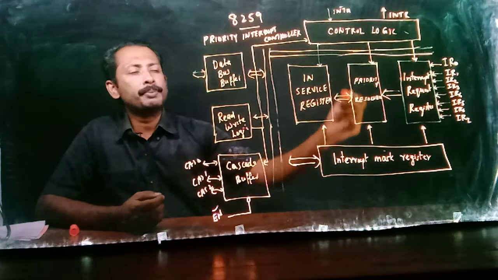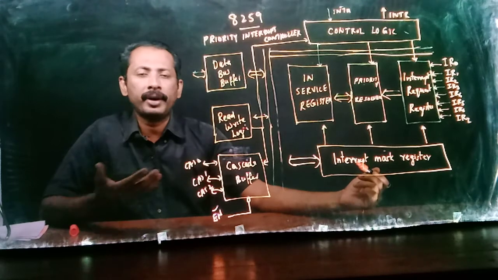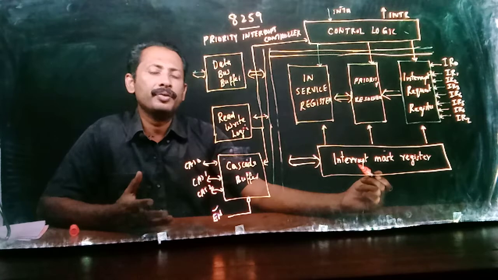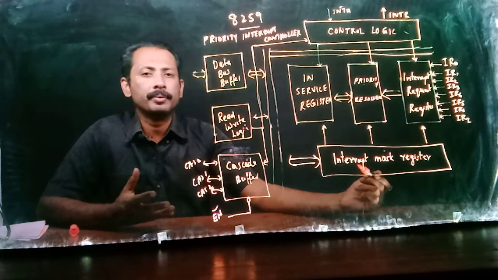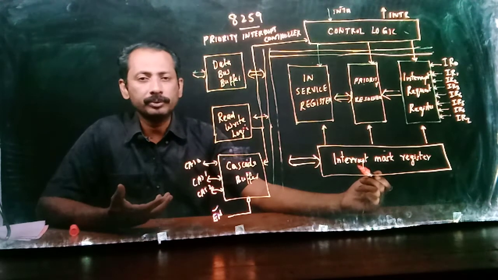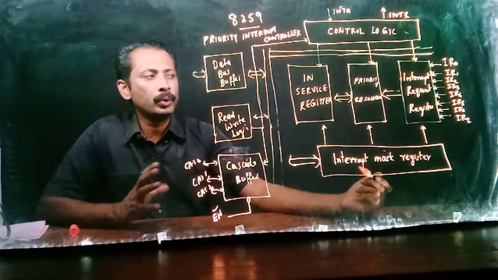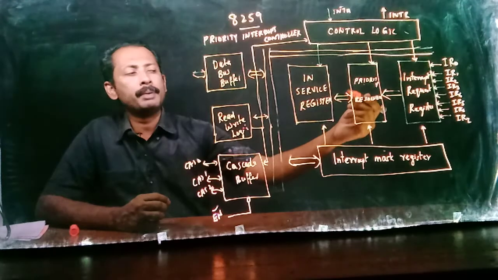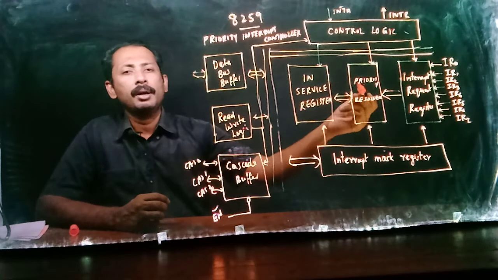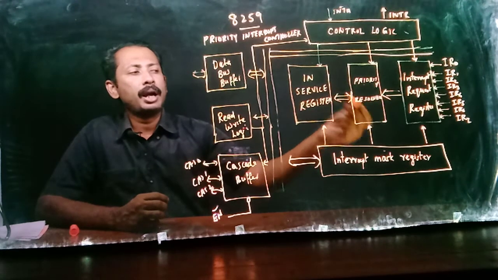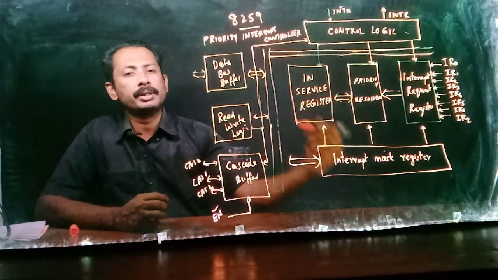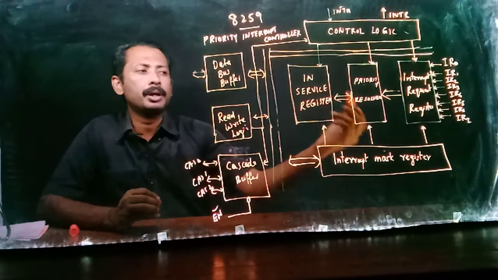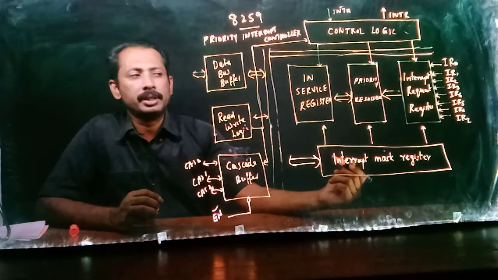The need of this priority resolver is to find out which interrupt has to be serviced first if 2 or 3 interrupts come together. The interrupt having higher priority is found by the priority resolver and passed towards the in service register.